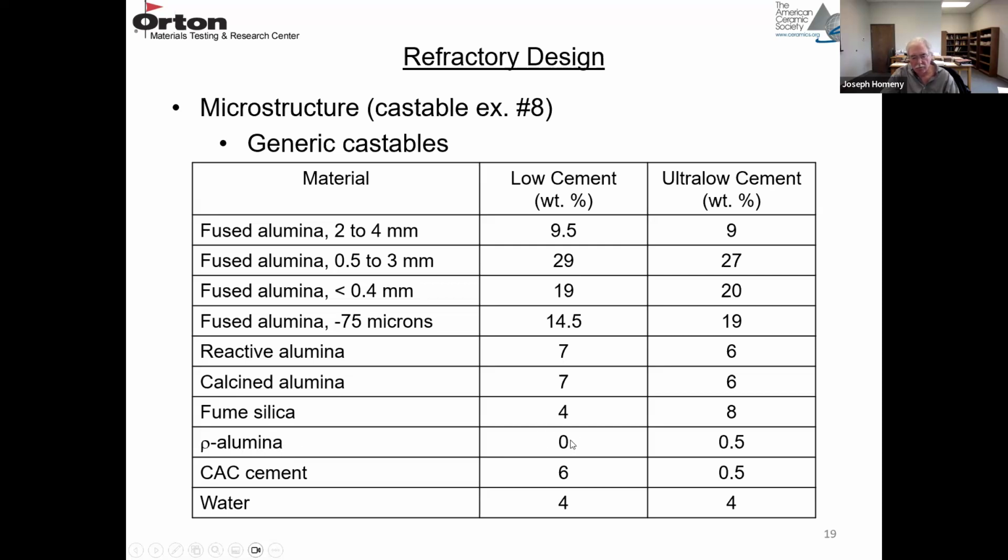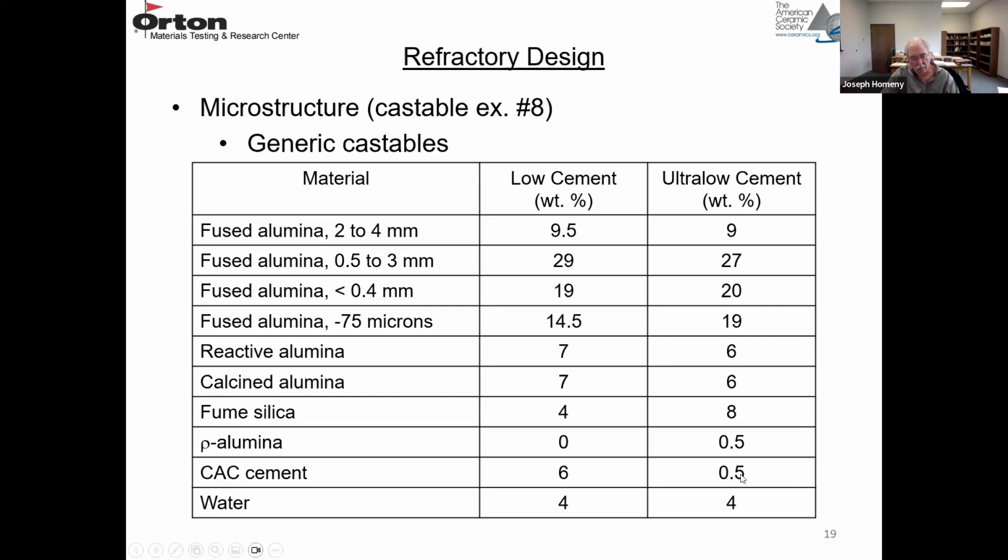So you see there's 0% in the low cement castable, but a little bit, 0.5% in the ultra low cement castable. That hydrates and forms a bond and improves the strength. CAC is a calcium aluminate cement. The low cement castable has about 6%, and then the ultra low cement is only 0.5%.